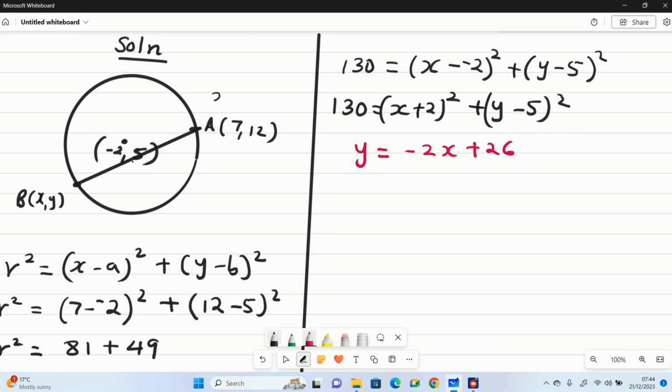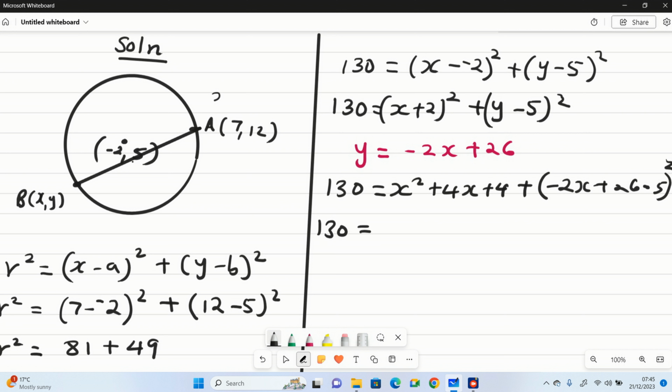So 130 is given by, if we expand this one, x squared plus 4x plus 4, then plus, you open the bracket, that is the coordinate of y, so (negative 2x plus 26 minus 5) squared. So you'll end up having 130 equals x squared plus 4x plus 4.